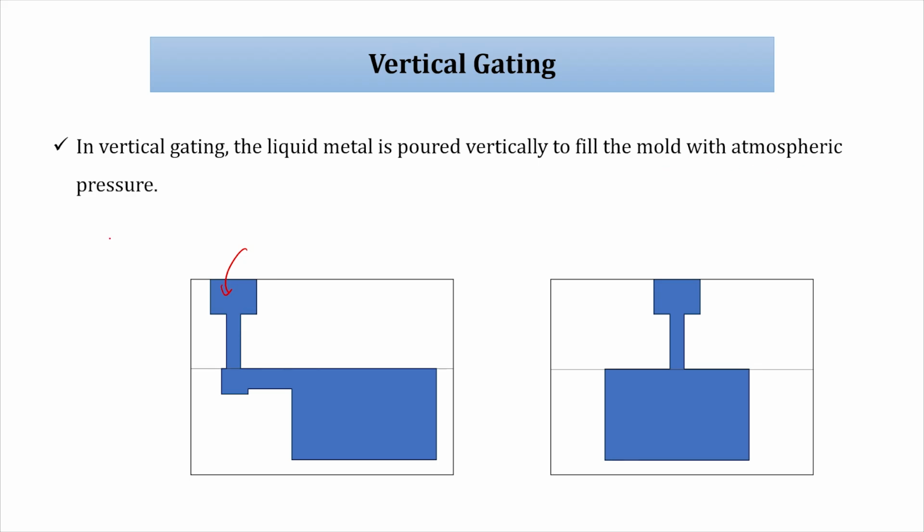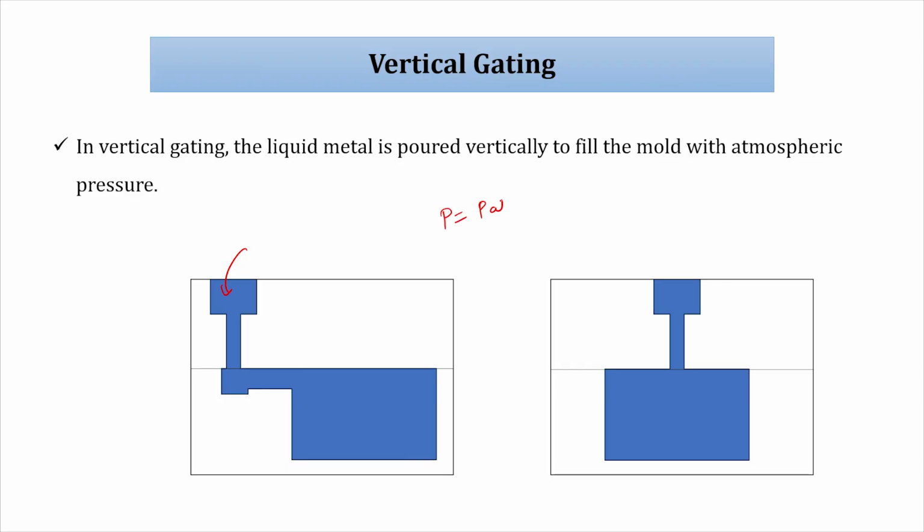We fill the cavity in the vertical gating system when our pressure is minimum, at atmosphere. Gauge pressure will be 0, P equal to P atm at any place, minimum. We have to ensure that throughout the filling, pressure should be minimum, P atmospheric, or P gauge 0.